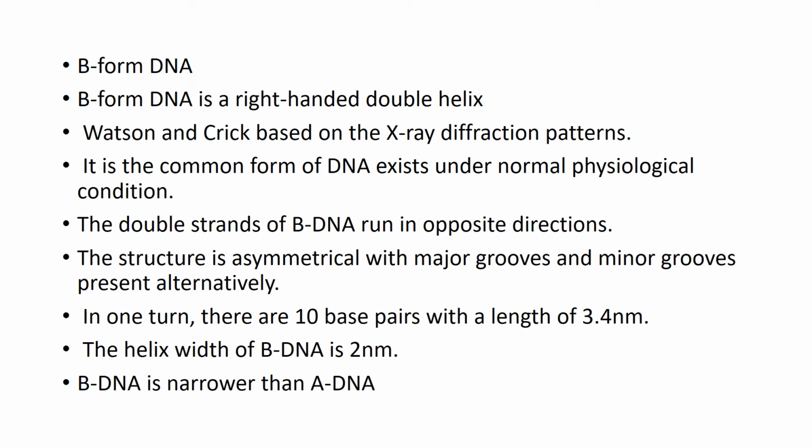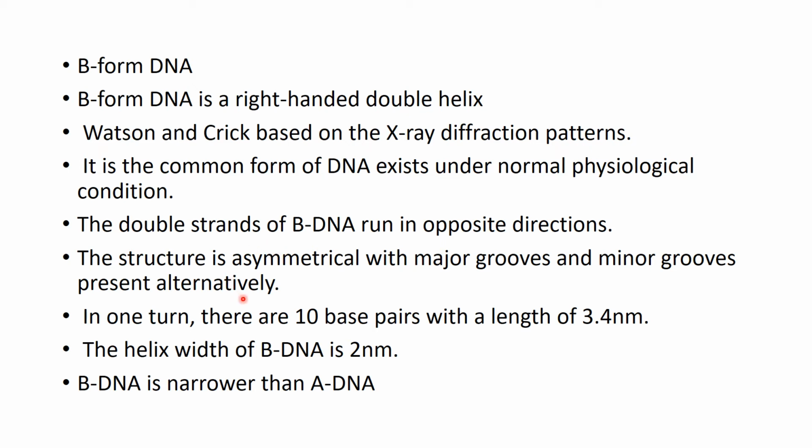Now we come to the normal form, or the B form, or the Watson and Crick model, which we have studied. It is also a right-handed helix. That means that the strands turn through the right hand on the principal axis, and under normal physiological conditions, this type of molecule is seen. Mostly this form of molecule is persistent in cells, and the strands are anti-parallel in this case.